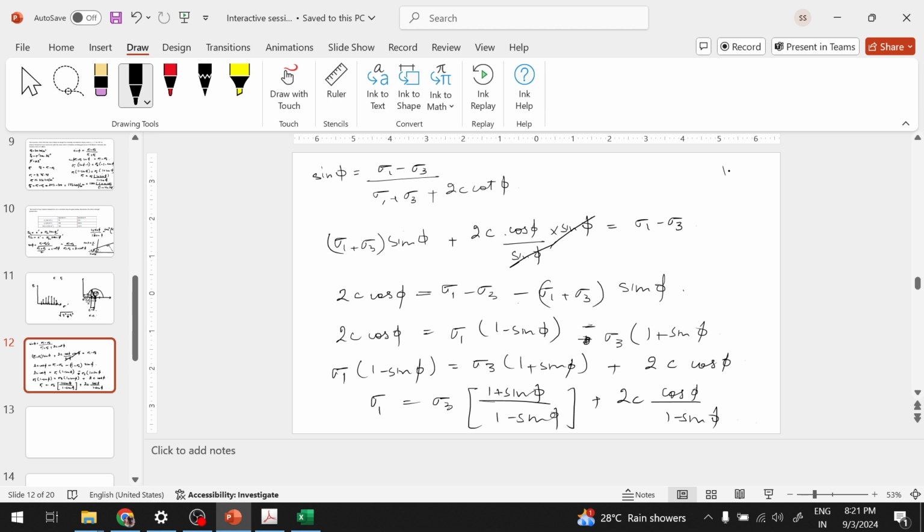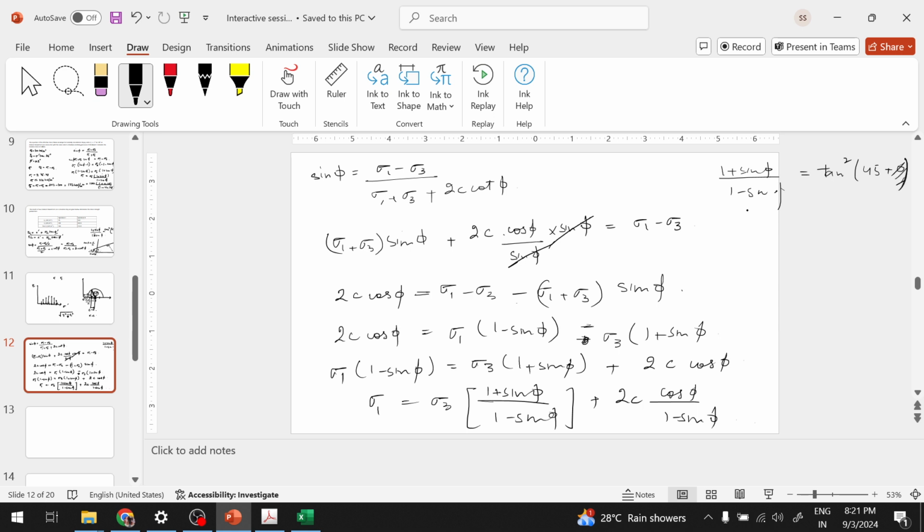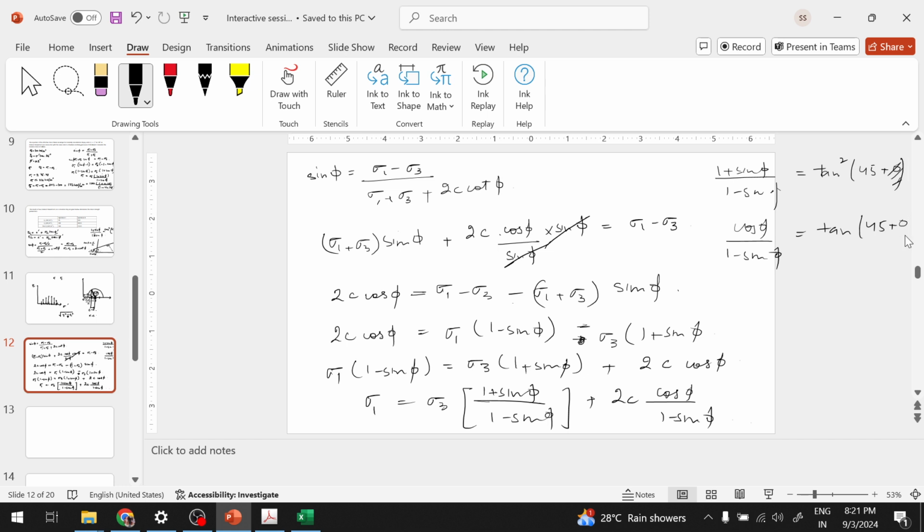So what happens is (1 plus sin phi) over (1 minus sin phi) is basically tan square (45 plus phi by 2), and cos phi by (1 minus sin phi) is equivalent to tan of (45 plus phi by 2).